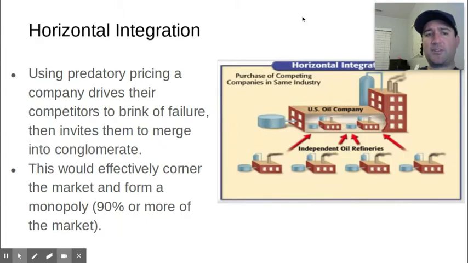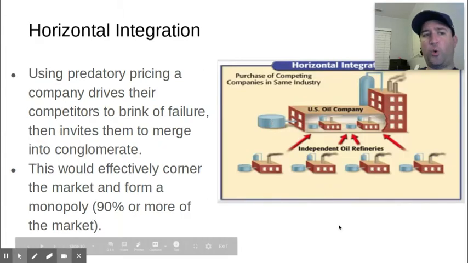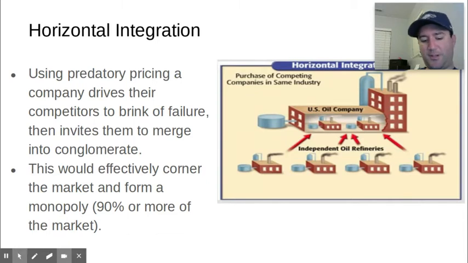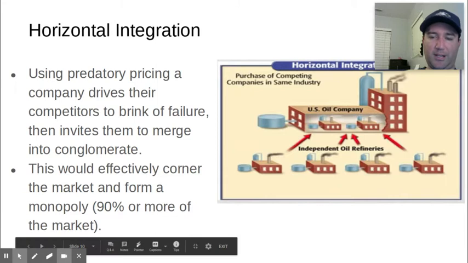Now, there's also another business strategy called horizontal integration. And this is something that was, I wouldn't say innovated, but used in large part by a capitalist named John D. Rockefeller, who pretty much cornered the market on oil and petroleum products in the late 1800s.